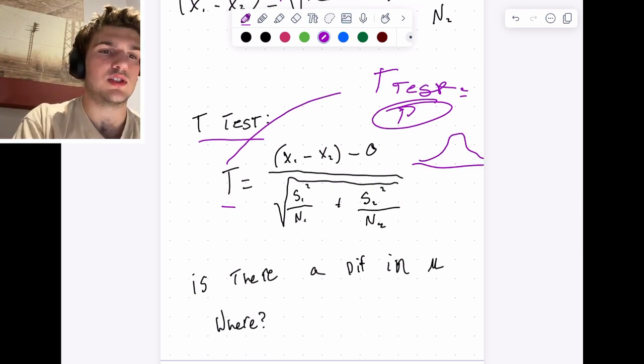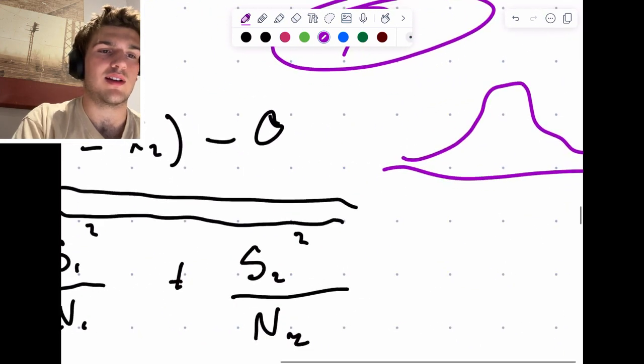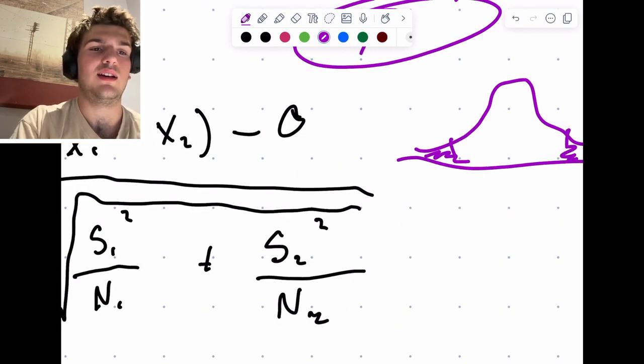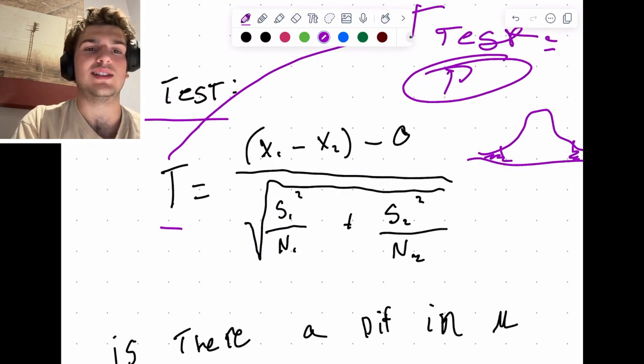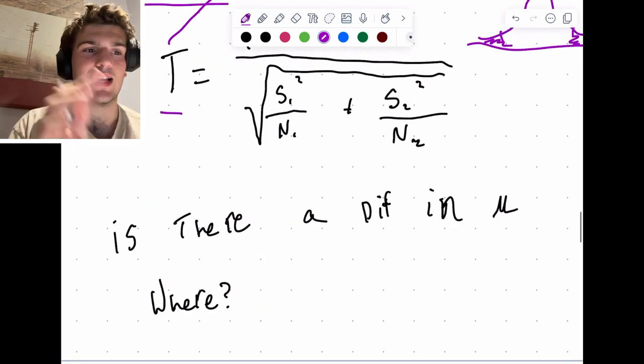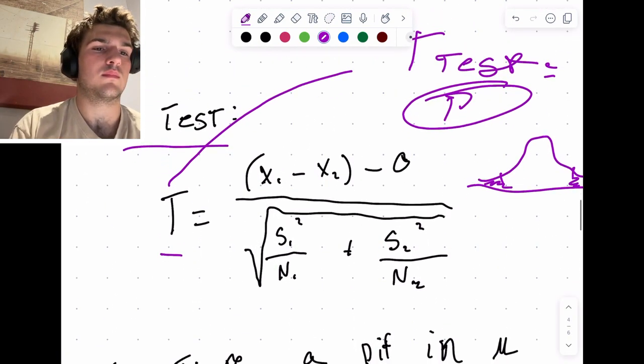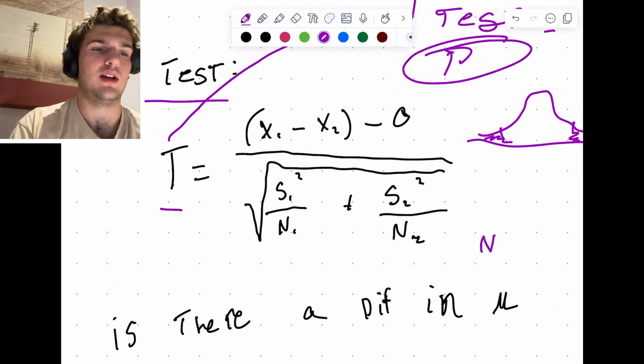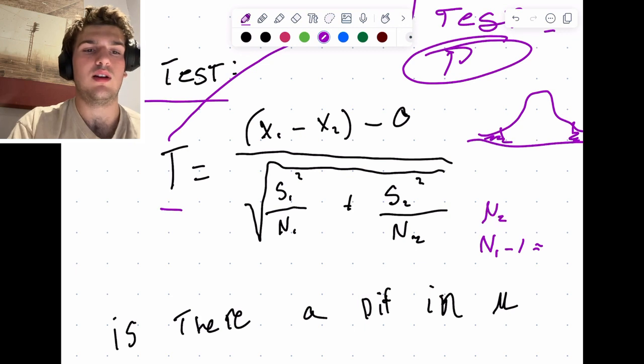And just really important to note really quick, excuse my bad drawing, it's important to remember if you're doing a two-sided or one-sided t-test. And I should probably mention degrees of freedom. It would either just be n1 minus 1 equals this, or n2 minus 1 equals df.